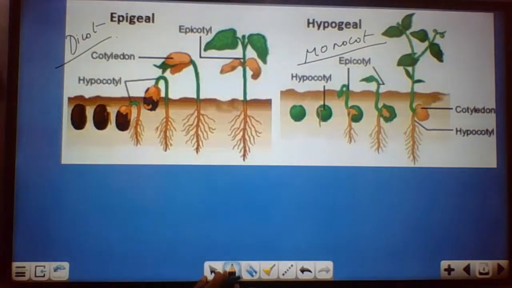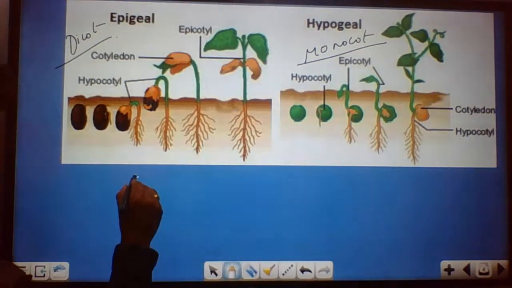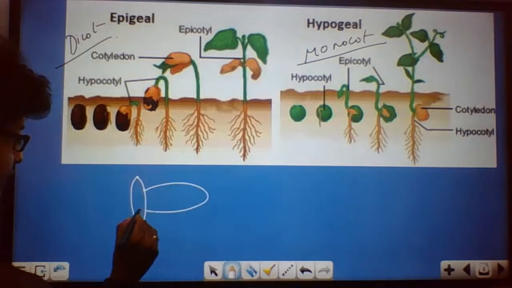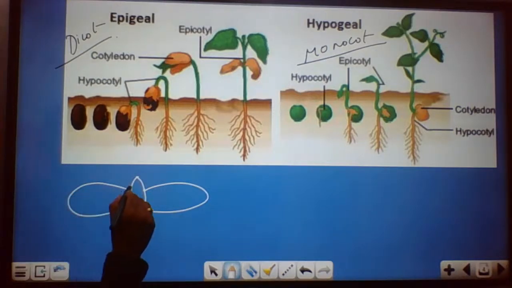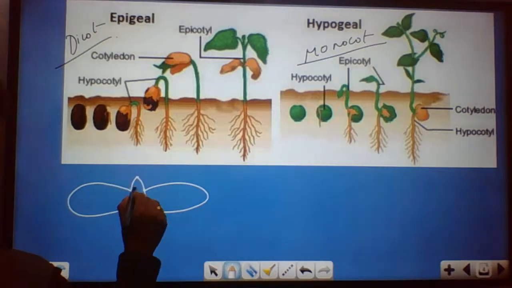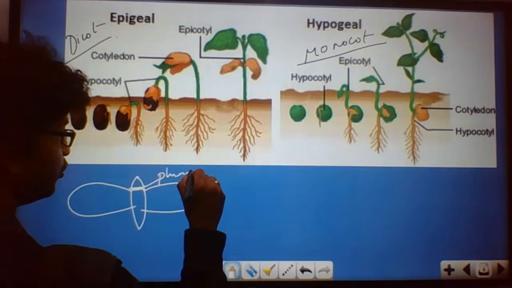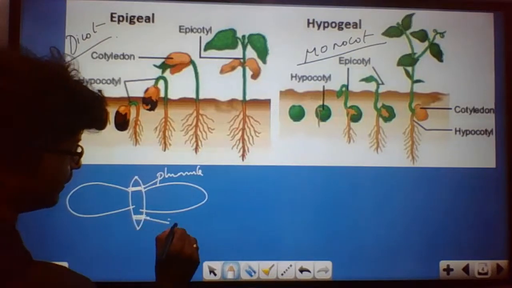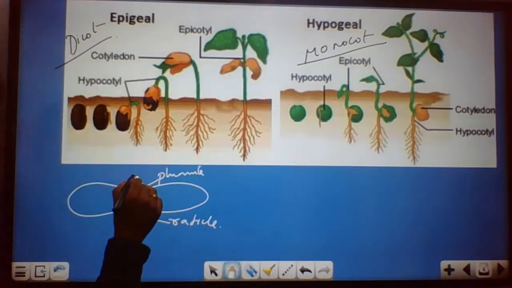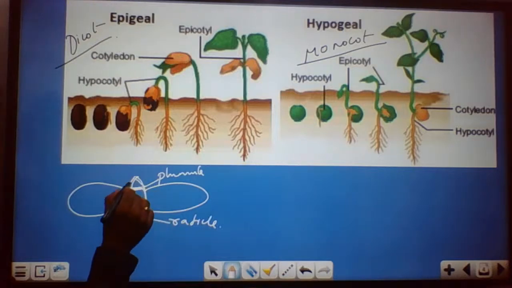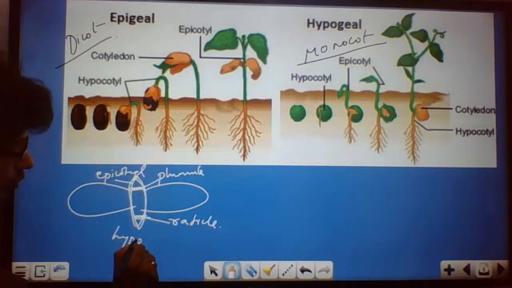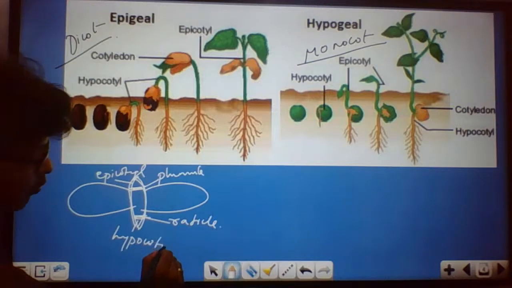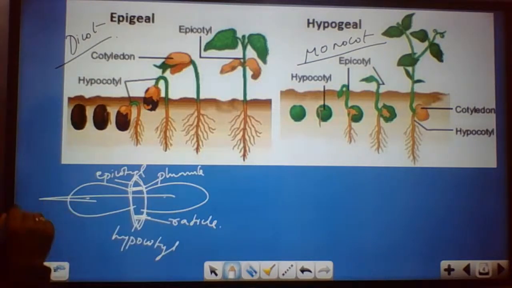When you look at the structure of the dicot seed, what are the components that you could see? The central axis, and two cotyledons on both sides. This part is called the plumule, and this part is called the radicle. This middle axis has the epicotyl here, and this one is the hypocotyl, and these are the two cotyledons that you could see in dicotyledonous plants.